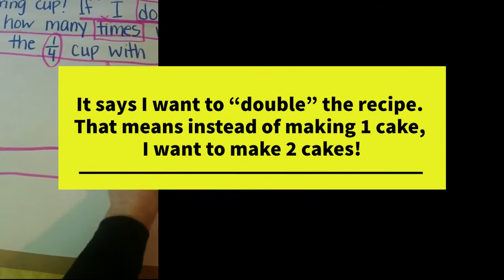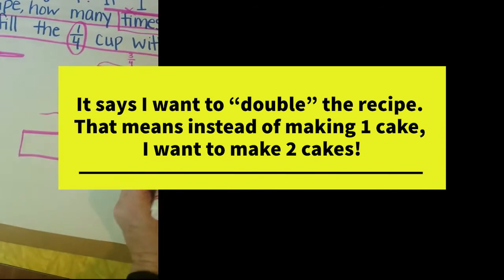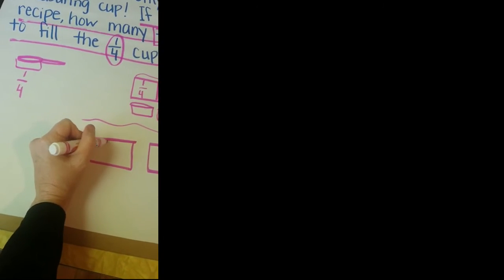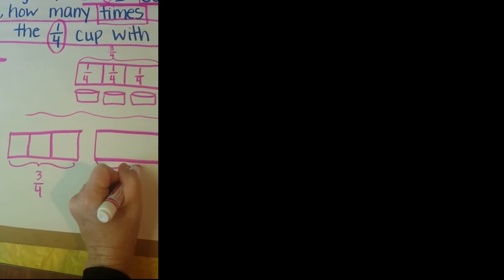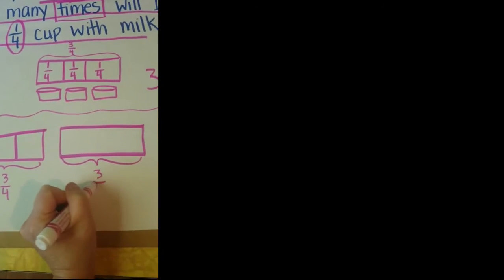I'm going to actually draw my 2 cakes here so you can see. So this is one cake. I'm splitting it up so I know that I have to have 3/4 for a cake, and this is also going to be 3/4 for my second cake.